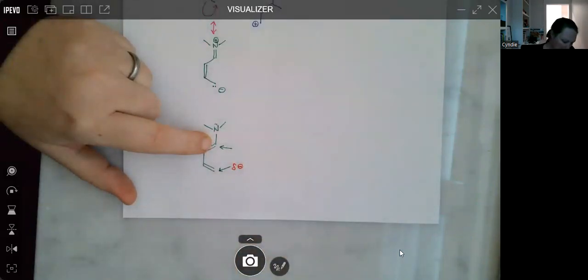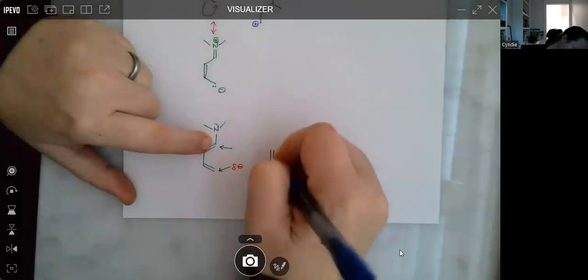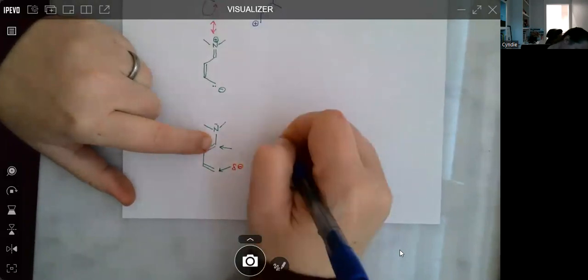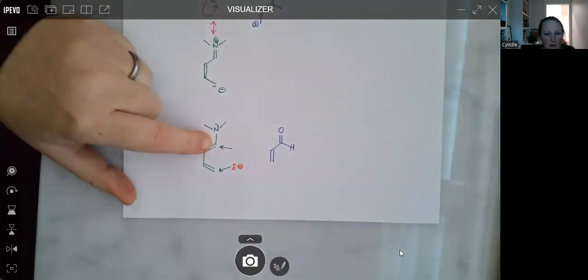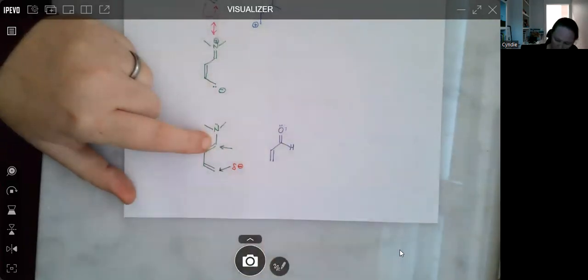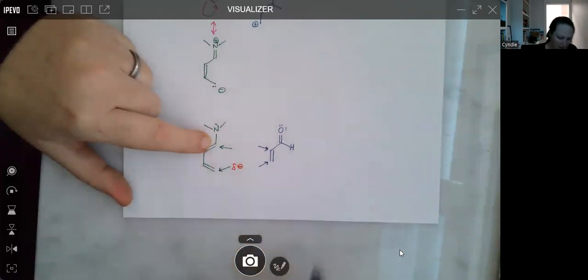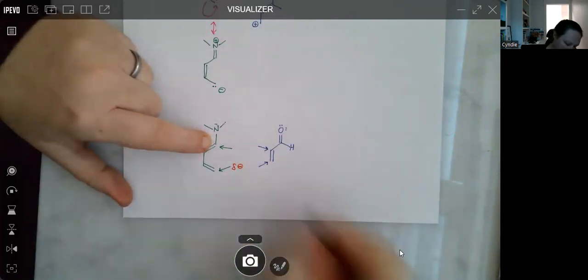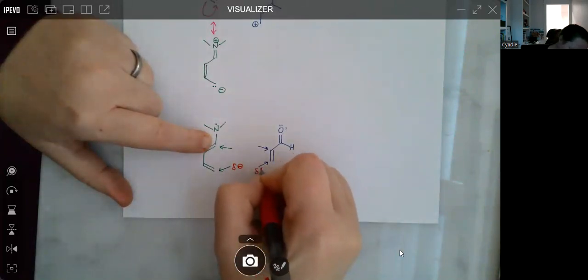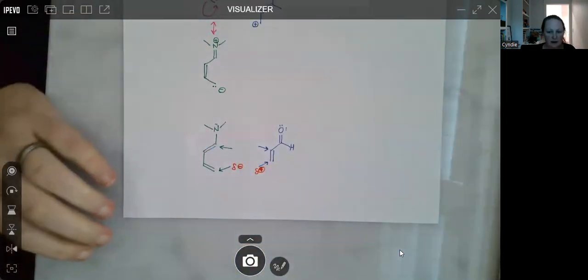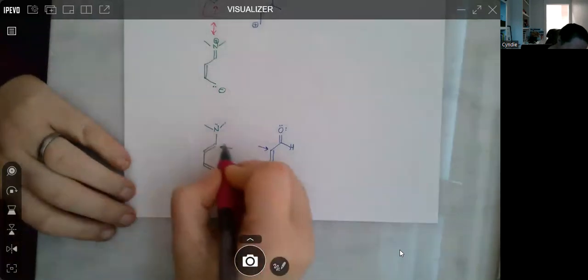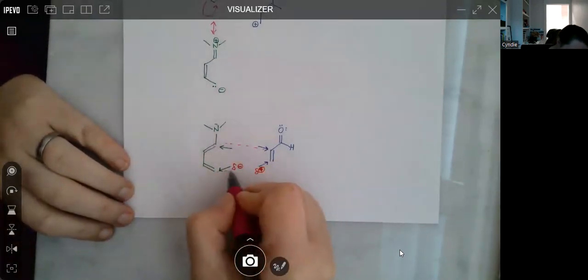And then with the dienophile, we come back to the original structure, right? We have the positive charge either ended up here or here. So we care about it if it's one of the carbons that's going to form the new sigma bond. And this one ends up with the partial positive charge. So this shows us that this is the correct alignment.